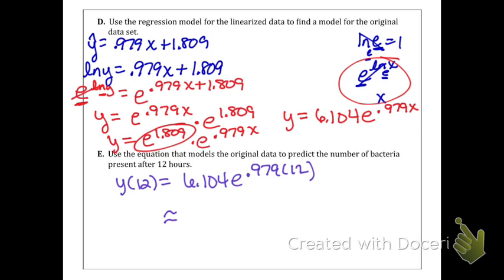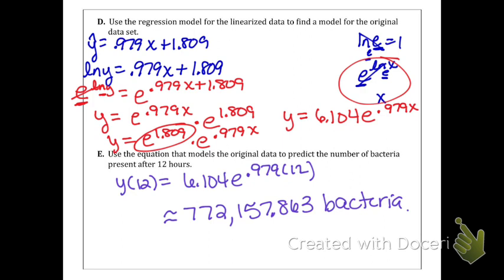And so we see that that is approximately 772,157.863 bacteria. Oh, and be careful, I almost missed it. I can't see mine at the top, but remember the table at the right shows the bacteria population in thousands. So this would be thousands of bacteria. Always watch out for that.